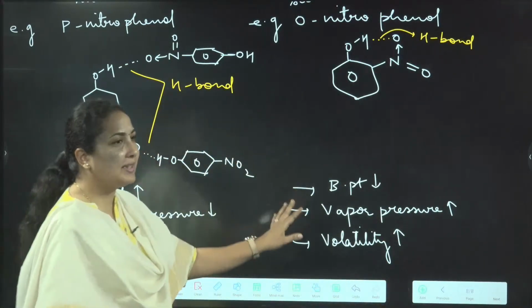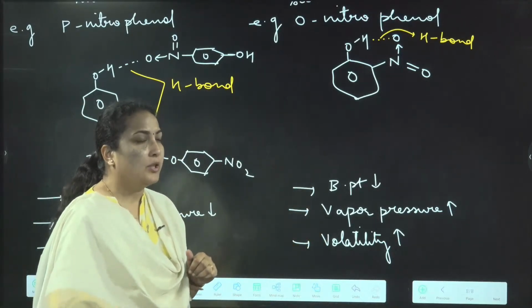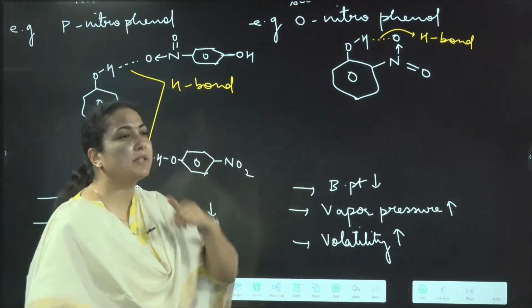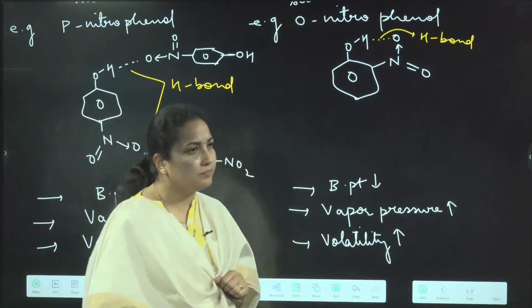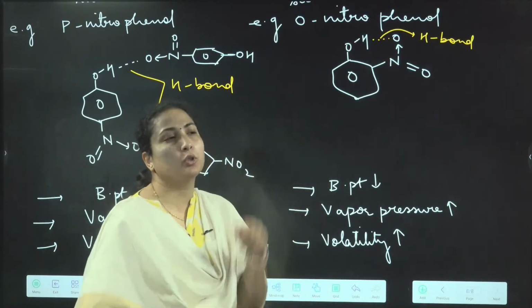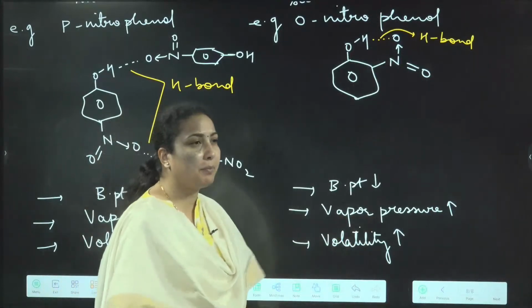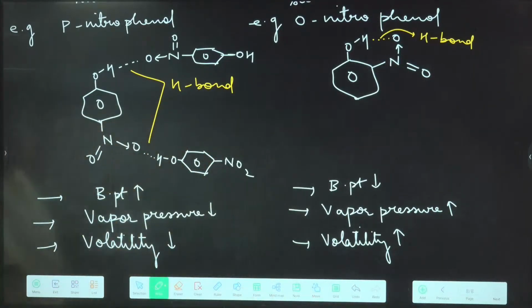Here boiling point is less. That means they have the tendency to go into the vapor easily. So if vapors are getting formed more easily, more volatile nature or volatility. And if more vapors are getting formed, those vapors are going to apply more pressure onto the surface of liquid and hence high vapor pressure. And the reverse for this case. Right? Hopefully this is clear to all of you.